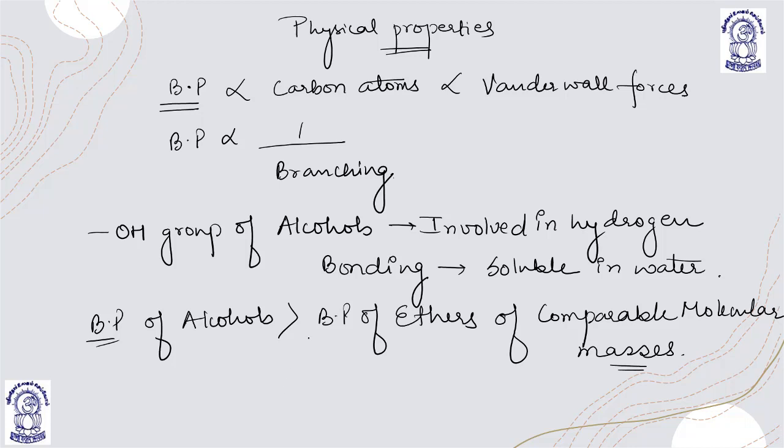If we want to compare the boiling points of hydrocarbons, alcohols, and ethers, the boiling point of alcohols of comparable molecular mass is greater than ether, which in turn is greater than alkanes.